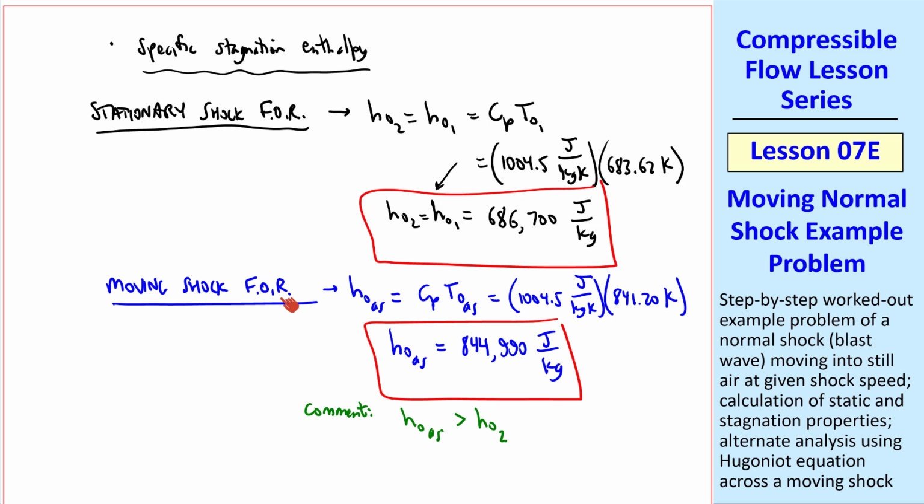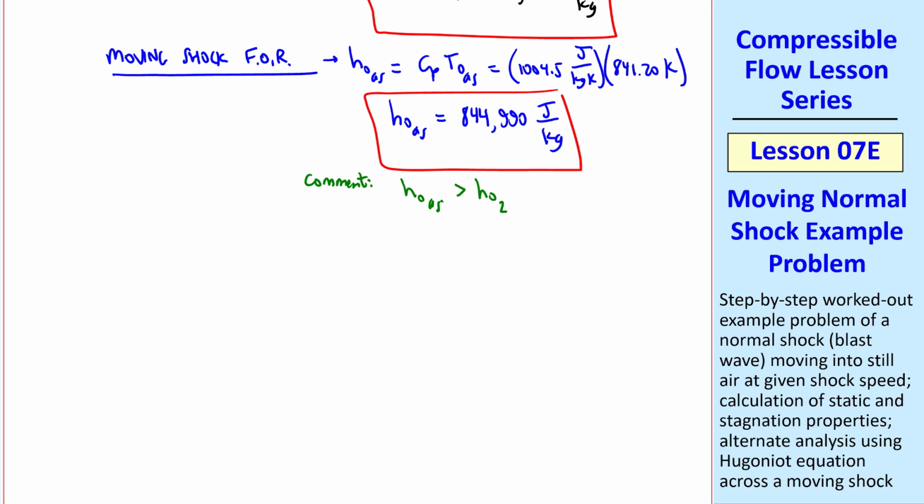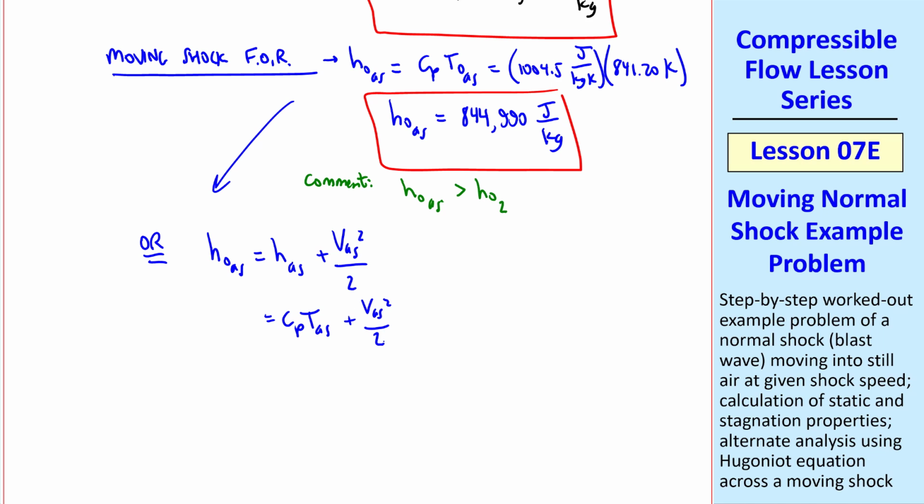In the moving shock frame of reference, stagnation enthalpy does not stay the same, even though it does so for the stationary shock frame of reference. And just for fun, let's calculate h0 AS a different way, namely h0 AS equals h AS plus V AS squared over 2, where h AS is Cp T AS, and we add V AS squared over 2.